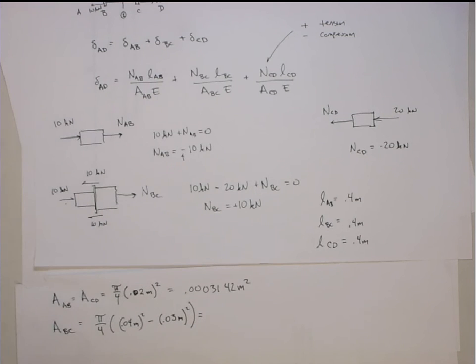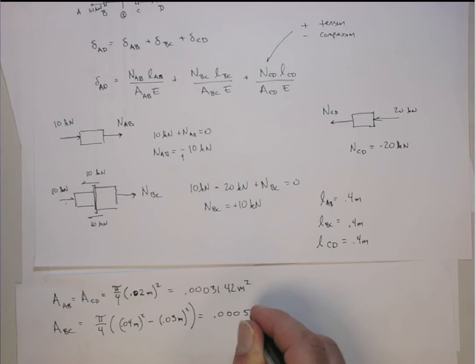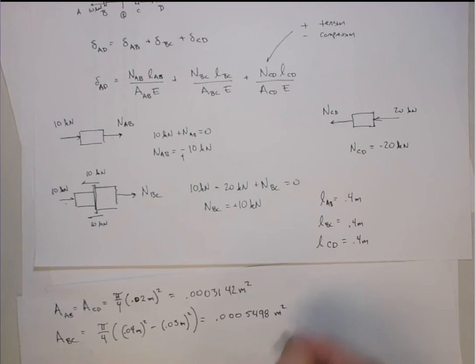And that becomes 0.000549.8 meters squared. Okay? So those are the cross-sectional areas.